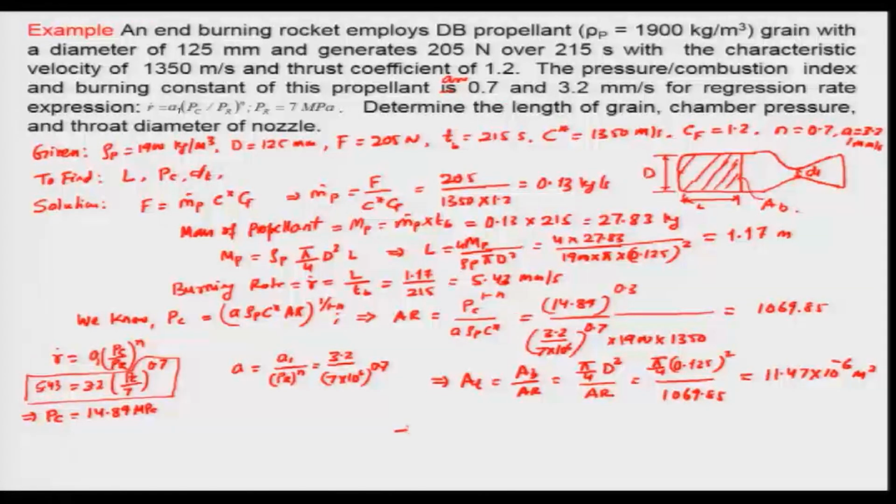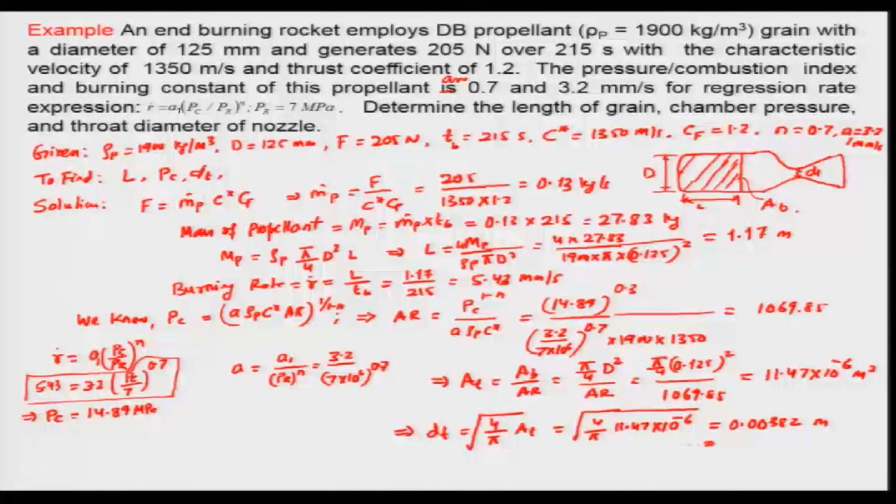And from this you can get very easily your dt, dt is root over 4 At by pi. So, if you substitute, pi into At is your 11.47 into 10 power minus 6, you will get something around 0.00382 meter, which is equal to 3.82 millimeter.